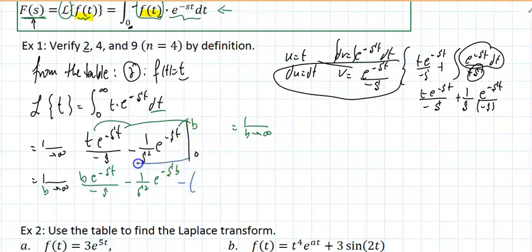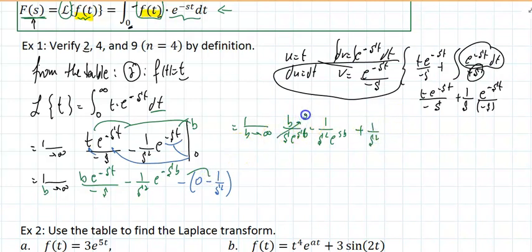Minus, if you put a 0 in for t, well, that first term is 0. And if you put 0 in for t, that is 1 over s squared. That's the part I left out, because e to the 0 is 1. So this is going to be the limit as b approaches infinity of b over s e to the negative sb minus 1 over s squared e to the negative sb plus 1 over s squared.